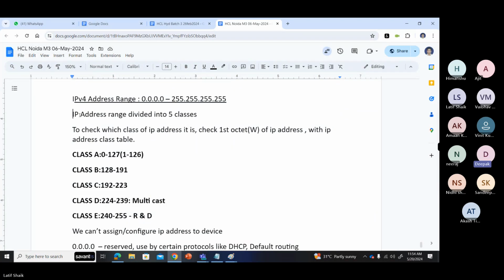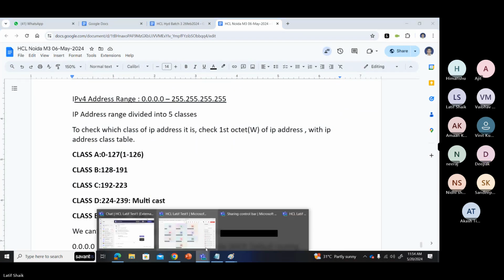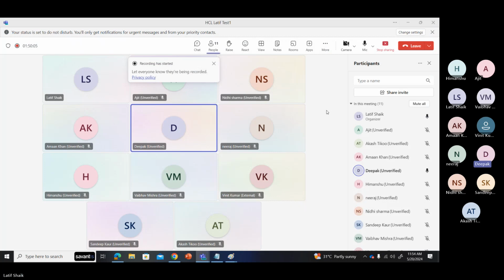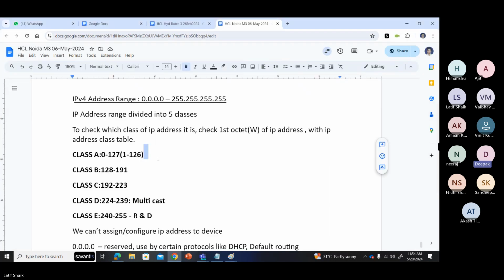Sir, whether they use IPv4 or IPv6 depends on the number of customers the organization has. If they have a large number of customers, then they will go to IPv6.